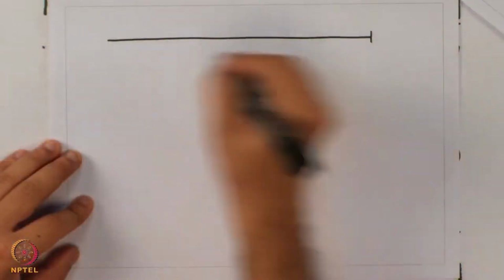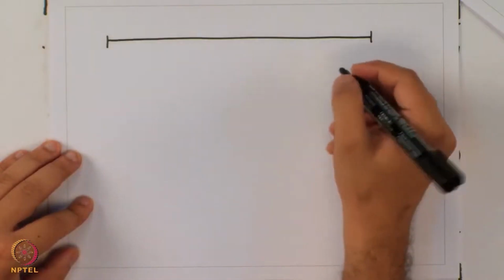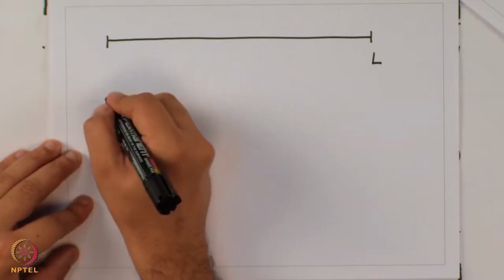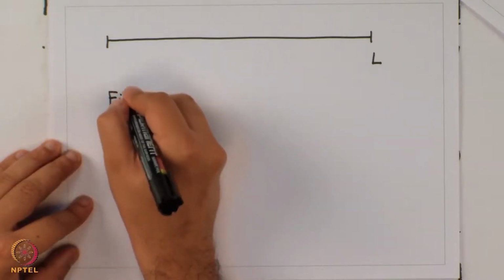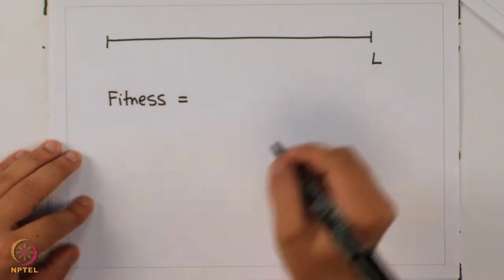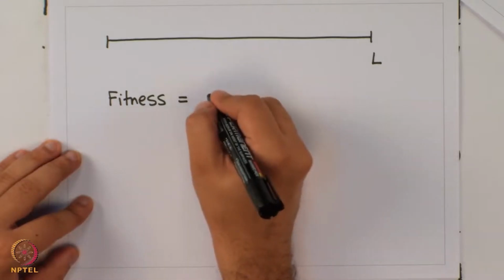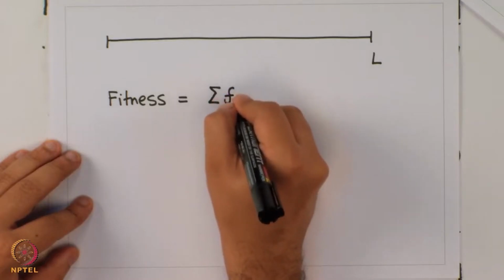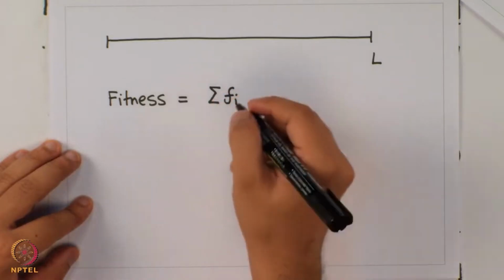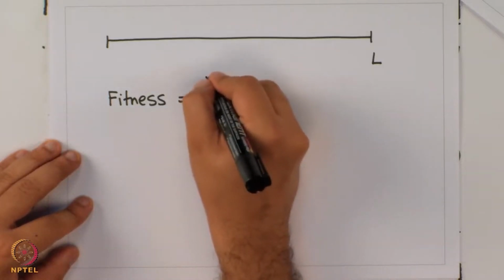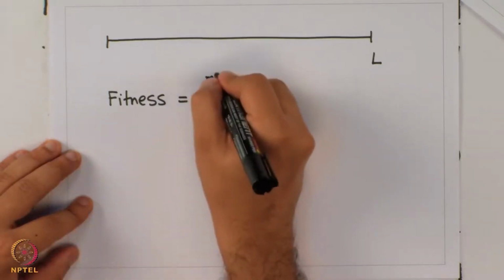What this model says is that if you have a DNA string of length L, what we are interested in is finding the fitness of this particular sequence, and the NK model will say that the fitness is just a summation of fitness contributions from loci going from 1 to capital N.